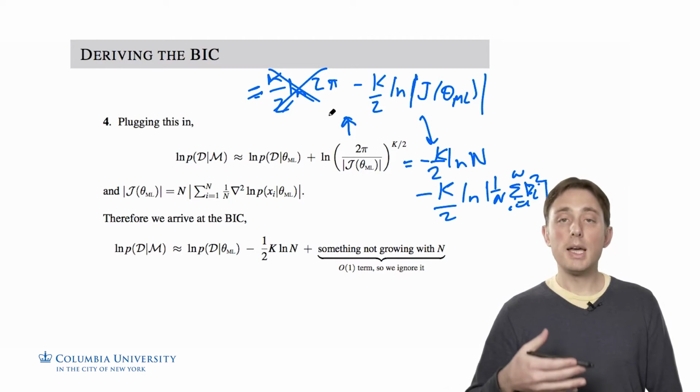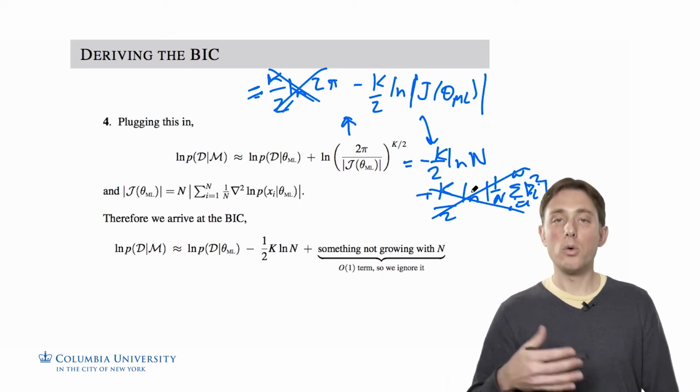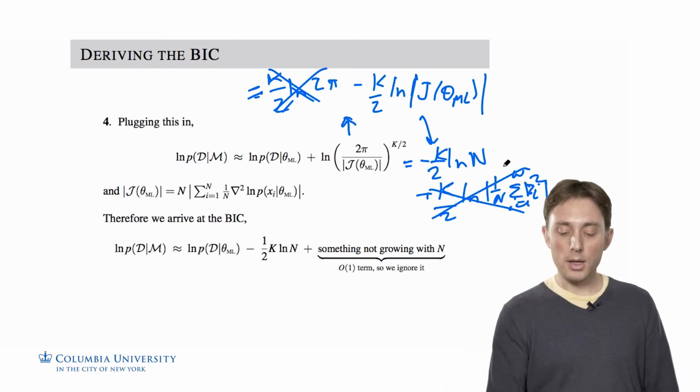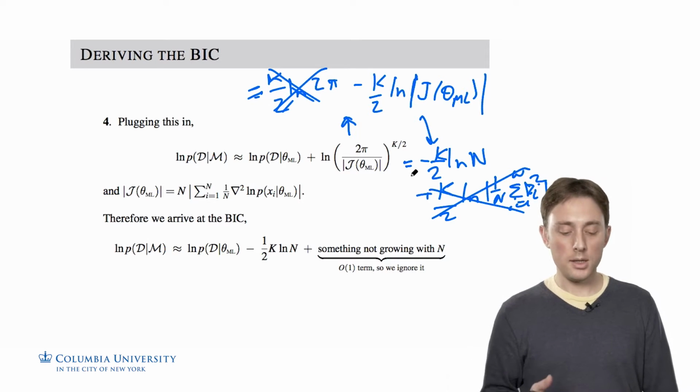And now notice that as n increases, this term is converging as well. It's not increasing very fast. So these two terms are growing order 1 in n as the number of data points increases. And now we are left with only this term, which is increasing in n as n increases.